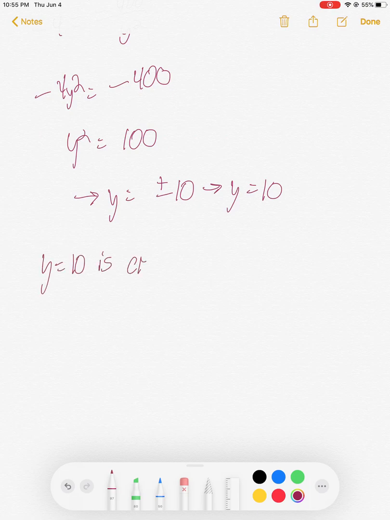Okay? So let's go ahead and check whether this is a local max or local min, or anything.